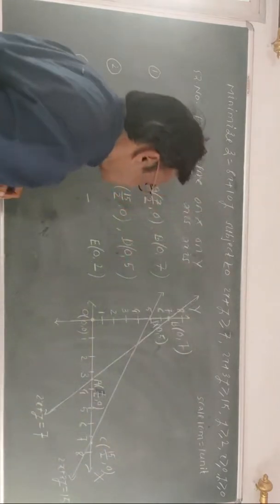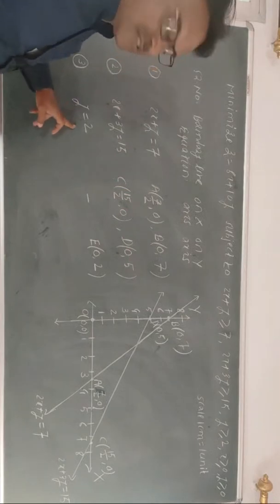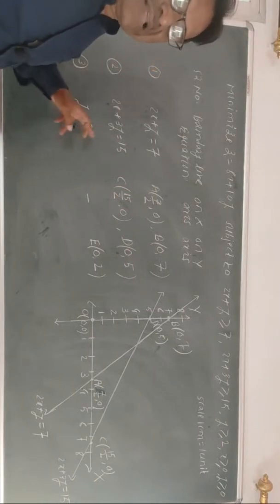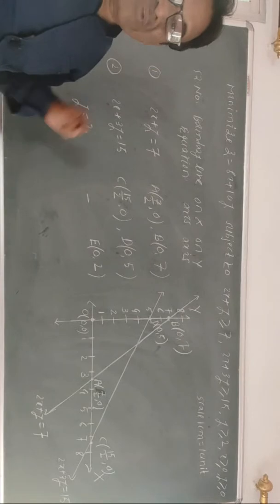Last, the equation of the last boundary line is y equals 2, and this boundary line is parallel to the x-axis.